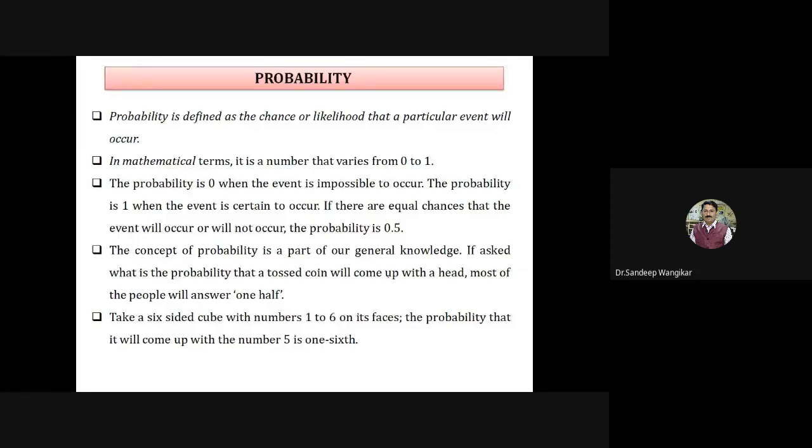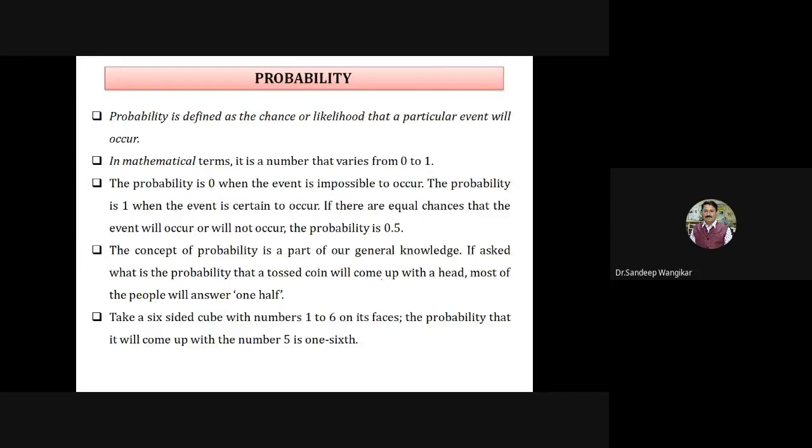If we take a six-sided cube with numbers 1 to 6 on its faces, as used in many games, and we put it down, 1 will be there, 2 will be there, 3, 4, 5, and 6 also will be there.